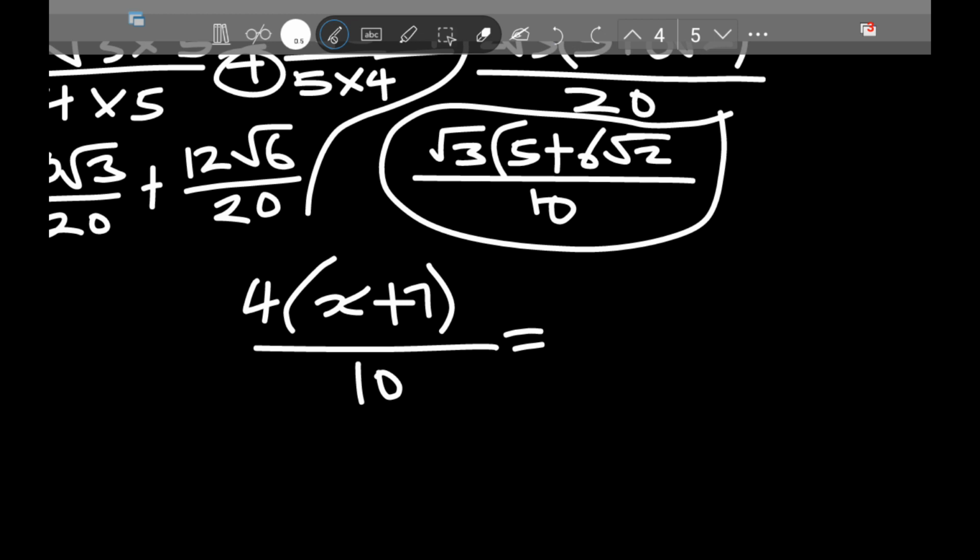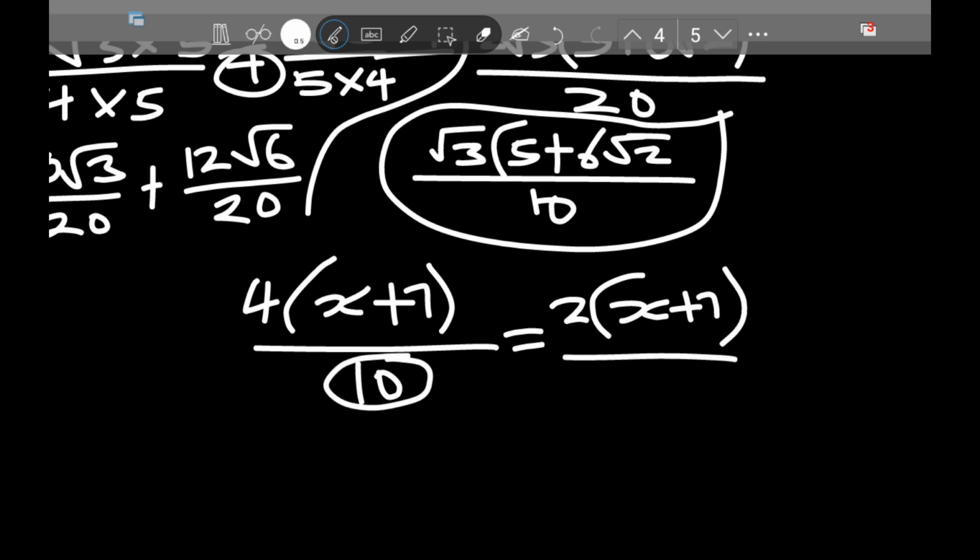So therefore 2 can divide 4 and 2 can also divide 10. How many 2's are in 4? So we have 2 bracket s plus 7 bracket, and how many 2's are in 10? So we have 5. So here is what we can do to simplify what is over here.